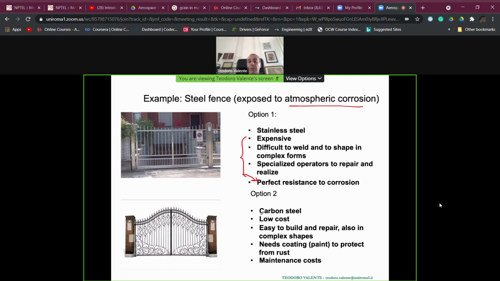Another solution could be the selection of a common carbon steel, which has a low cost, so economy, which is easy to build and to repair, also in complex shape, but the drawback is that we do not have a resistance to corrosion, to atmospheric corrosion.